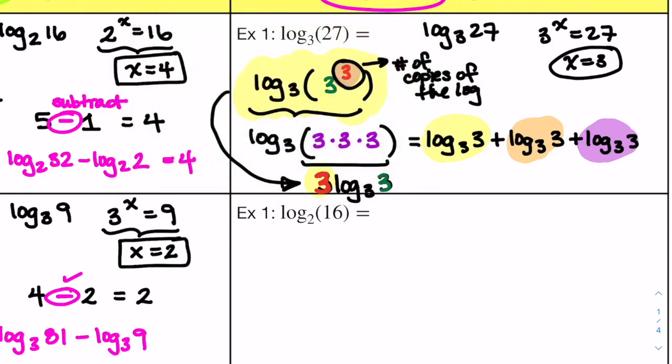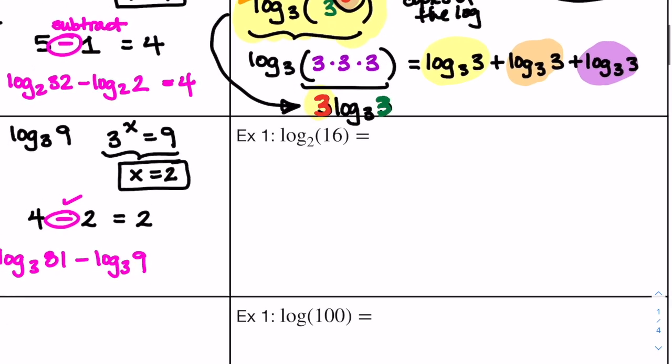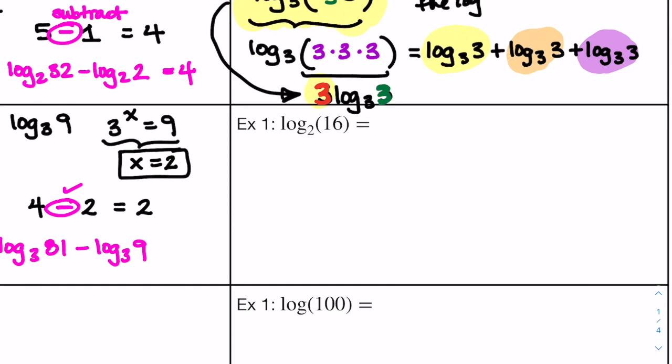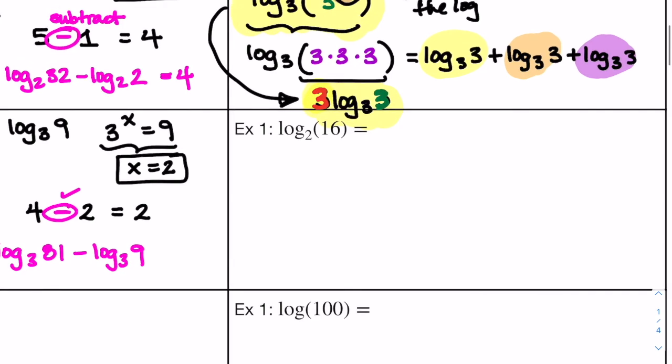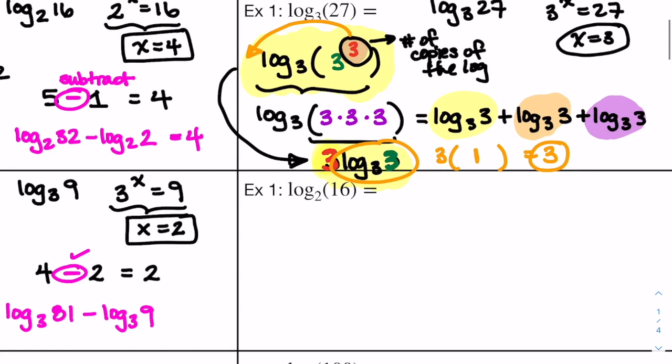This is the green 3. Okay, so again, pretty much what I did is I threw that in the front. Let's look at another example. Oh, sorry. And if you worked with this one, you would see that it would be 3 times. Another way to say log base 3 of 3 is just 1, which gives you 3, which is the answer that you had right here.